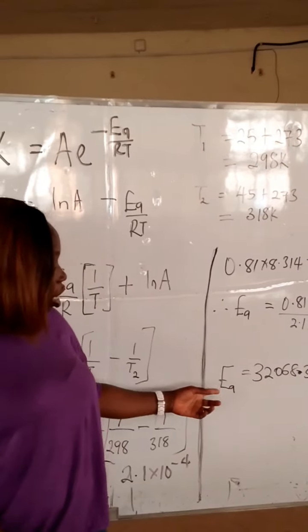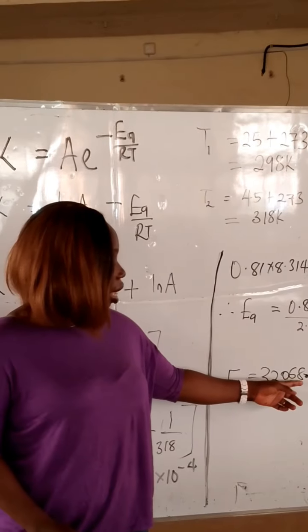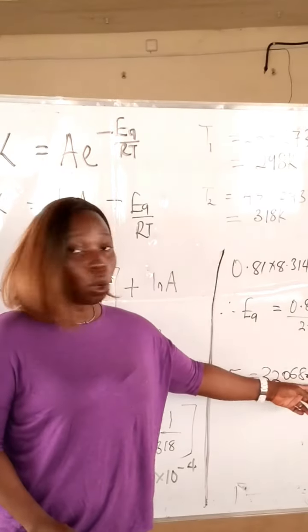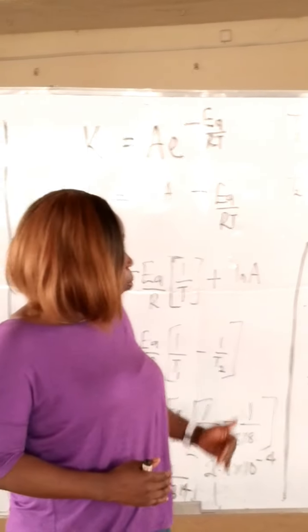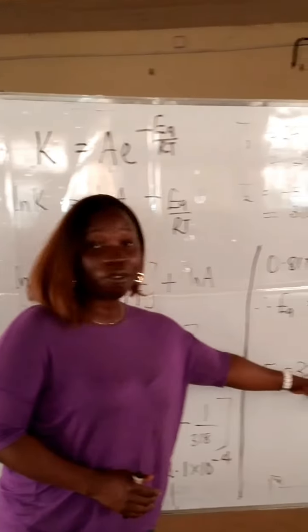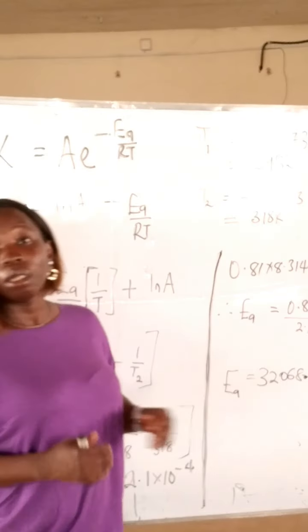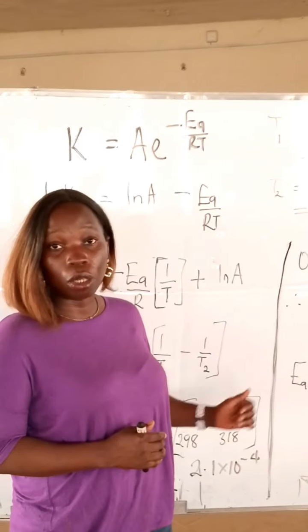You will have your EA to be equal to 32068.3 joules per mole. And if you were to present your EA in kilojoules, it means you will now convert this by dividing by 1000 to get kilojoules.